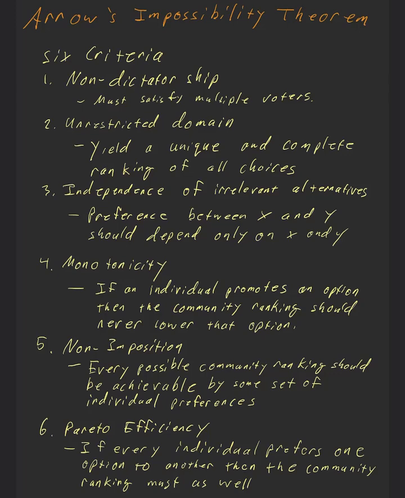Now, probably the most important one is what we call the independence of irrelevant alternatives, which is to say the preferences between X and Y should depend only on X and Y for the community, based on the individual choices. That is, if you and I are trying to decide where to go to lunch with our group of friends and we say, McDonald's or Burger King, and everybody votes, and then somebody says, wait, should we go to Wendy's? And nobody actually prefers Wendy's as their first alternative, then the vote shouldn't change from what it was before.